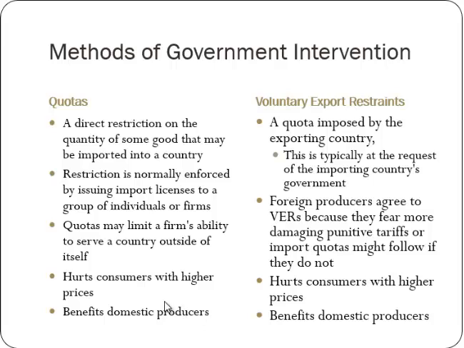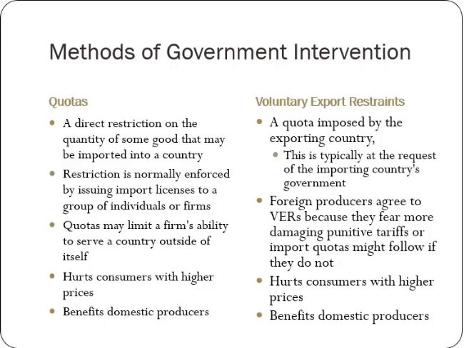And it hurts consumers with higher prices, but benefits domestic producers, very similarly for the same reason as tariffs do. There's also export restraints, which are quotas imposed by the exporting country. Kind of strange, where countries usually want to export as much as possible so that they can sell to other countries and stimulate their own production.